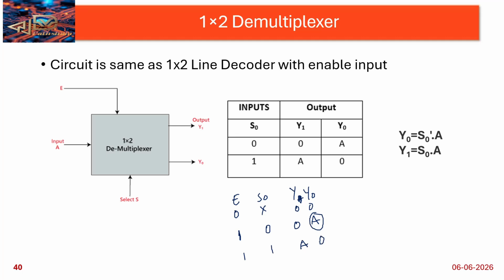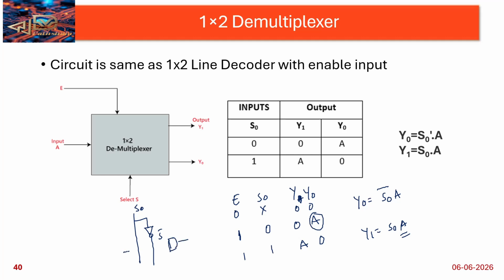In this way we write the output equations. Y0 equals S0 bar into A, and Y1 equals S0 into A. That is the representation for the demultiplexer. The circuit diagram is also the same type of representation. For the select line I will consider S0 and S0 bar, and consider one AND gate.